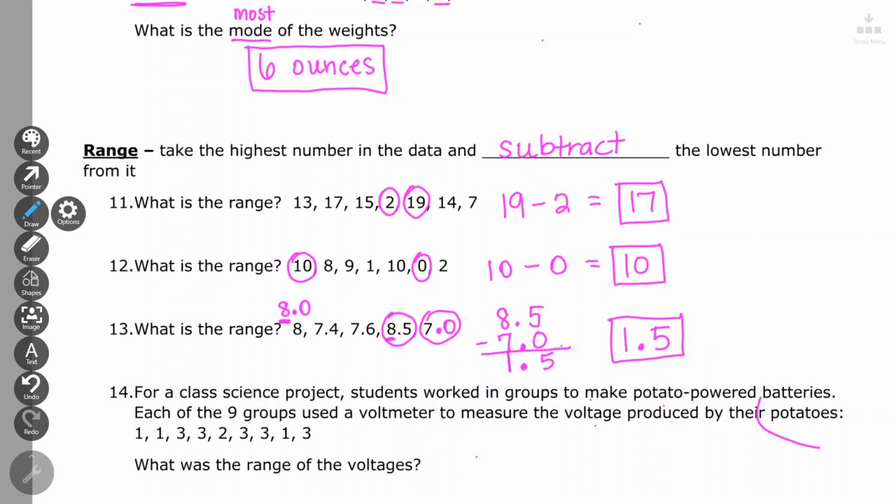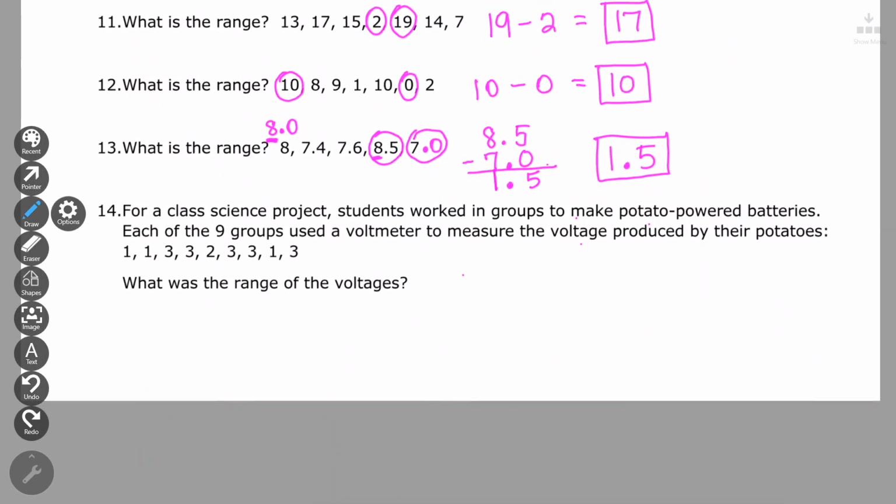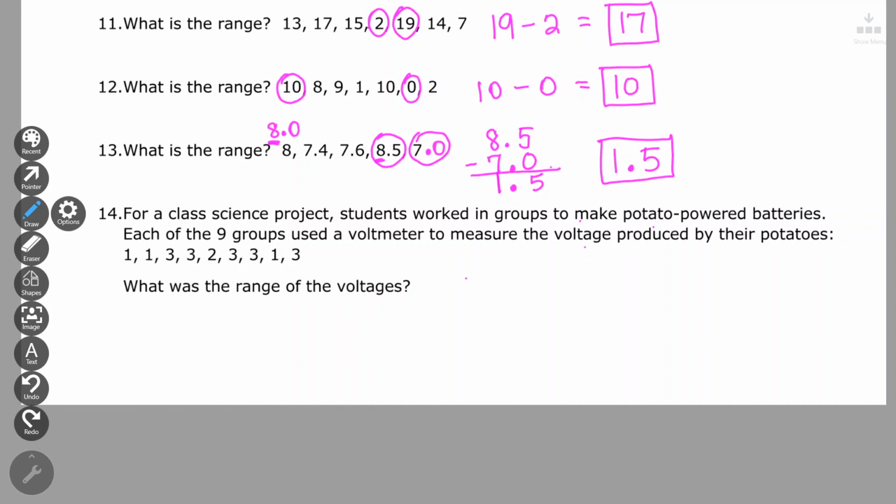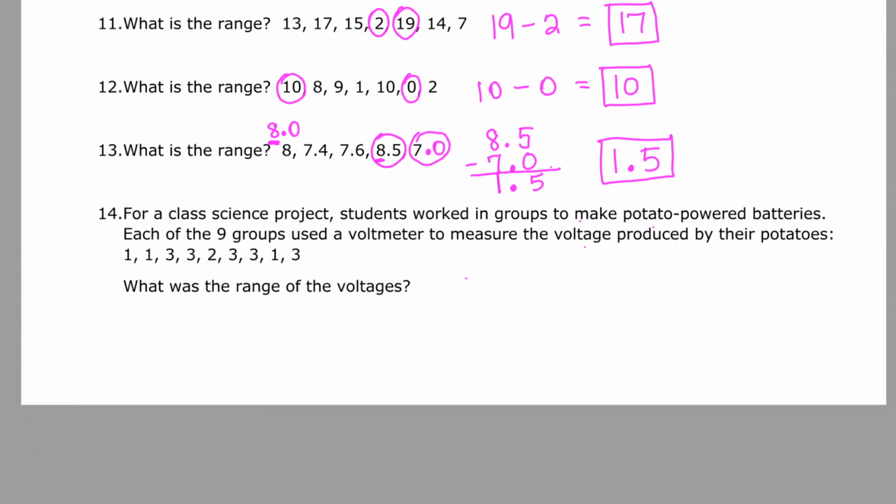Let's look at number 14. For a class science project, students worked in groups to make potato-powered batteries. Each of the 9 groups used a voltmeter to measure the voltage produced by their potatoes: 1, 1, 3, 3, 2, 3, 3, 1, 3. What was the range of the voltages?